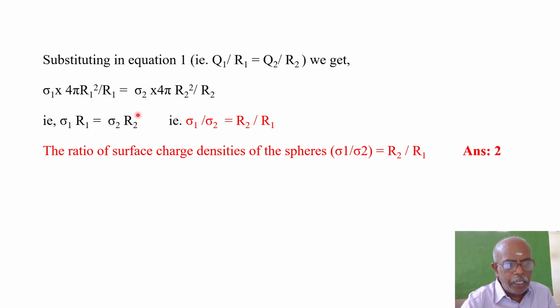R1 square by R1, only R1 remains. R2 square by R2, only R2 remains. That means sigma 1 into R1 is equal to sigma 2 into R2. Put sigma 2 on this side and R1 on that side. So sigma 1 by sigma 2 is equal to R2 divided by R1.